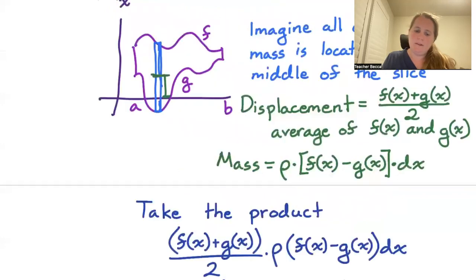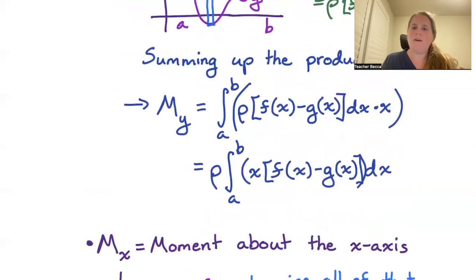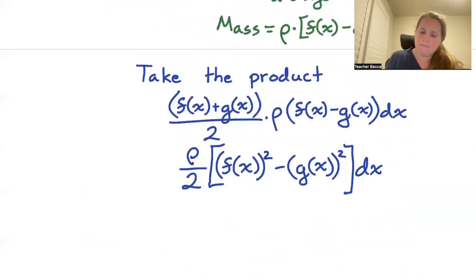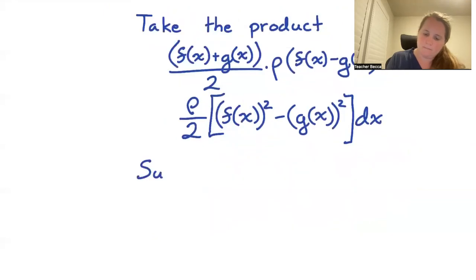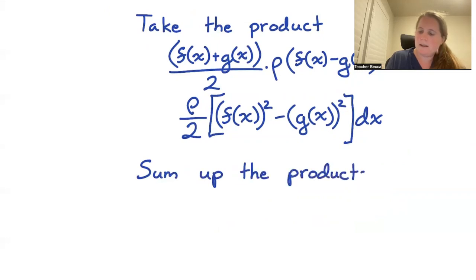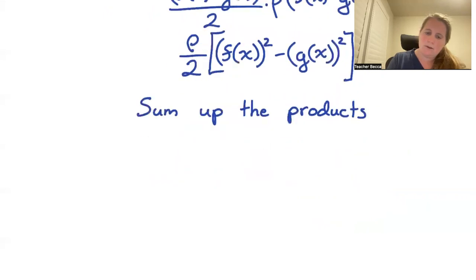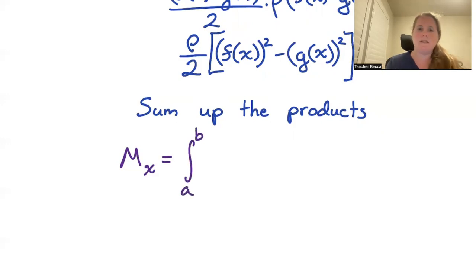So from here, just like previously, we now have to sum up the products. So again, we were looking at vertical slices. So we'll still do an integral from a to b, integrating with respect to x.